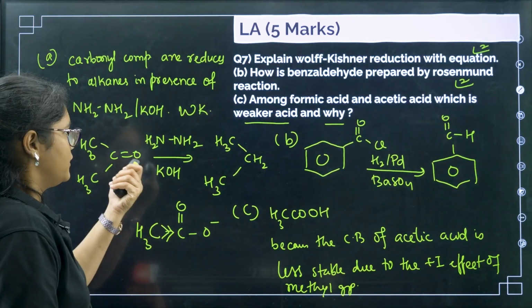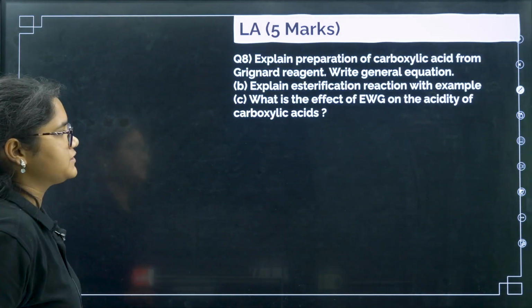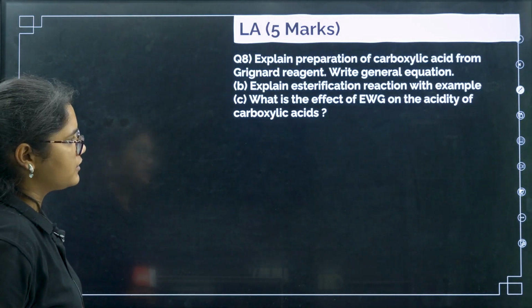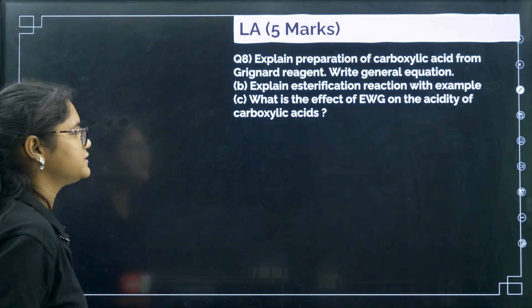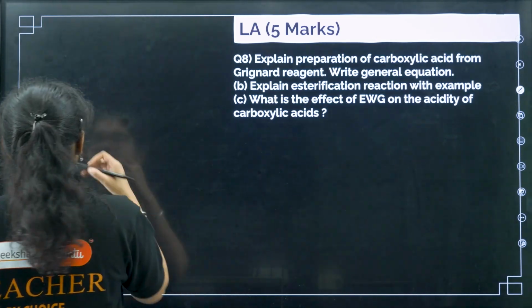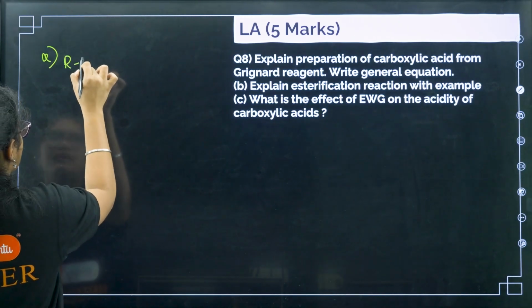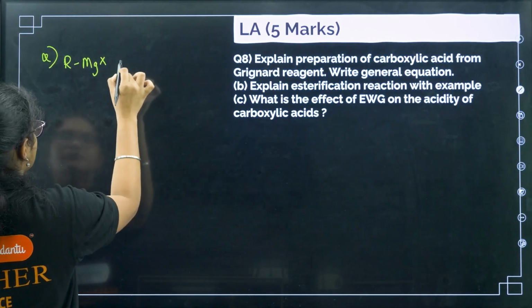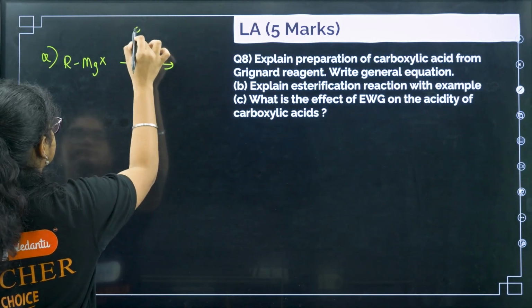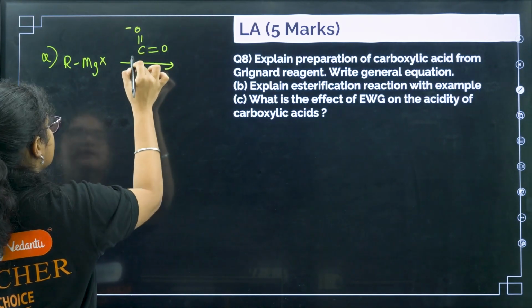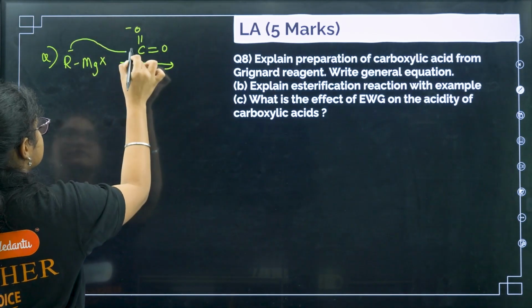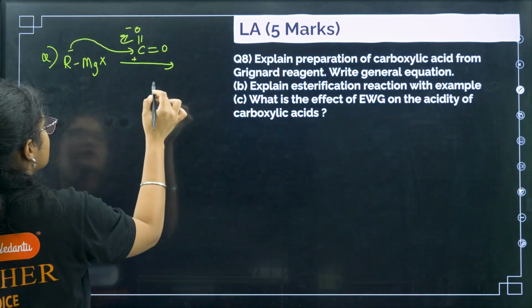Okay. Next question, explain the preparation of carboxylic acid from Grignard reagent, write the general equation. So if you have any RMgX and you treat it with CO2, what will happen? This R minus will attack here, this one will shift here.